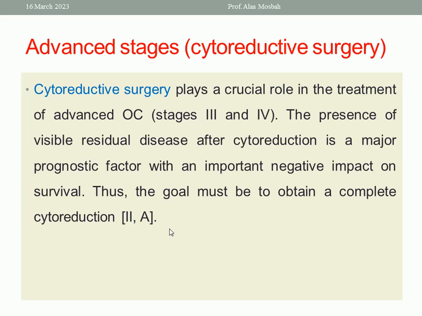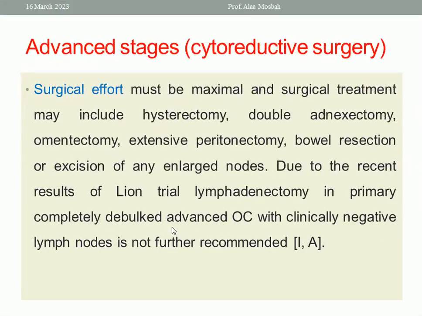That's why we call it cytoreductive surgery. And my goal is to obtain complete cytoreduction. Okay, surgical effort must be maximal, and surgical treatment may include hysterectomy, double adnexectomy, omentectomy, extensive peritonectomy, bowel resection or excision of any enlarged nodes.